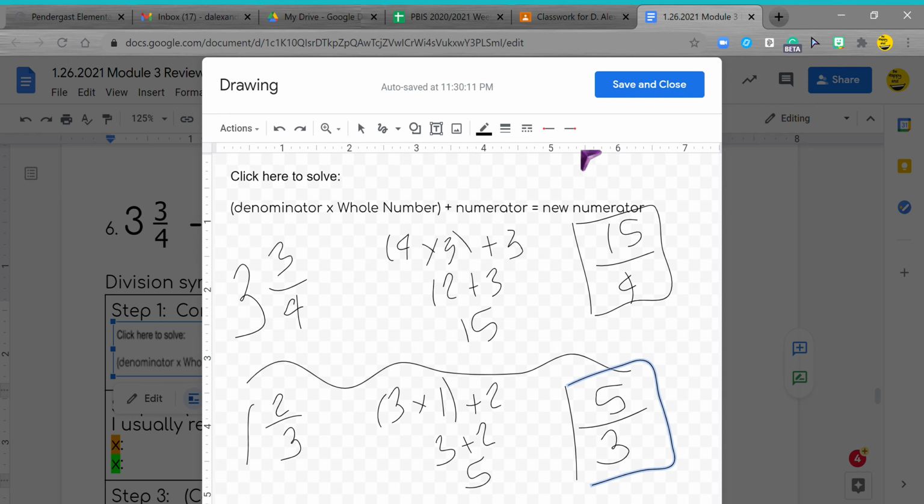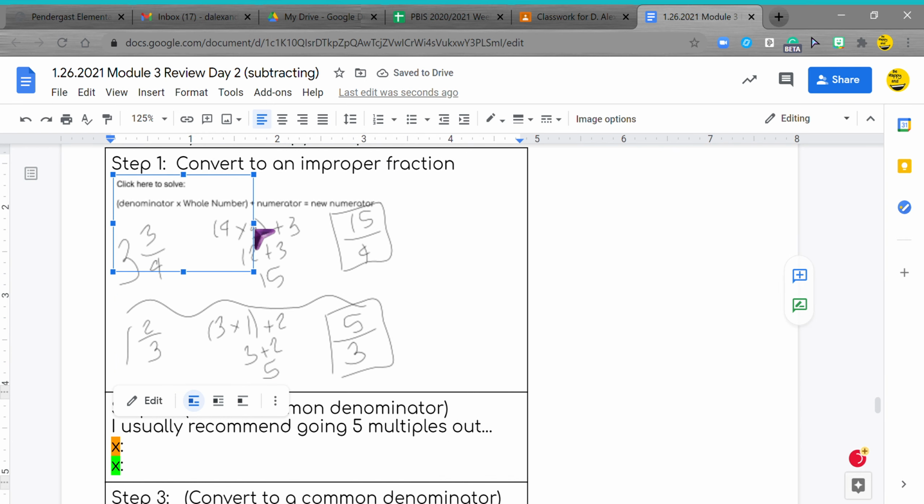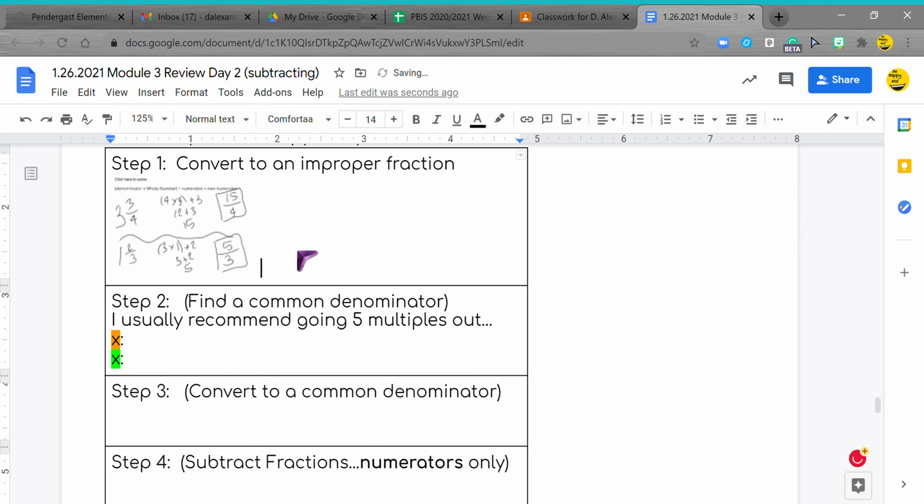So I'm going to hit save and close. Make it smaller. So right here, I'm going to go 15 fourths minus 5 thirds. I have 2 different denominators, so I'm going to quick switch them over. Find a common, least common multiple.